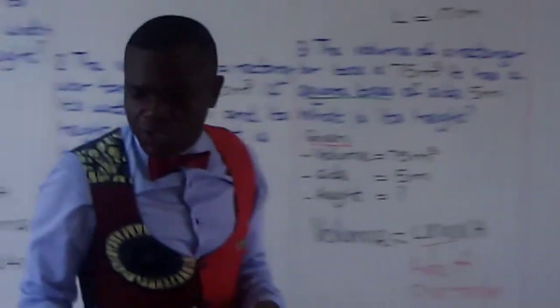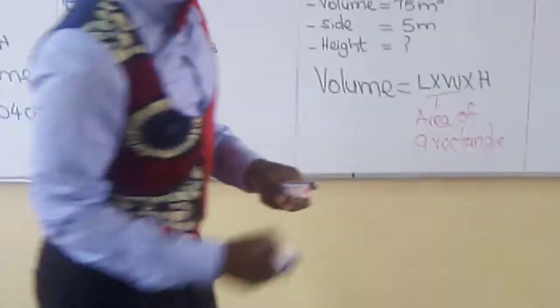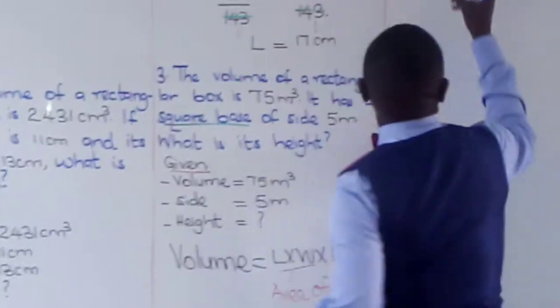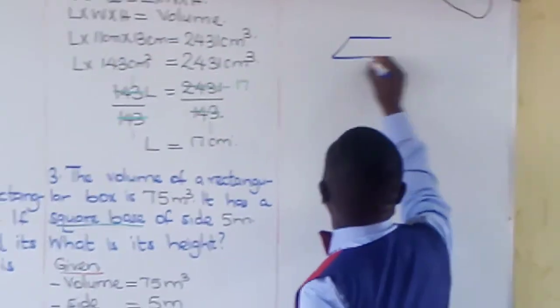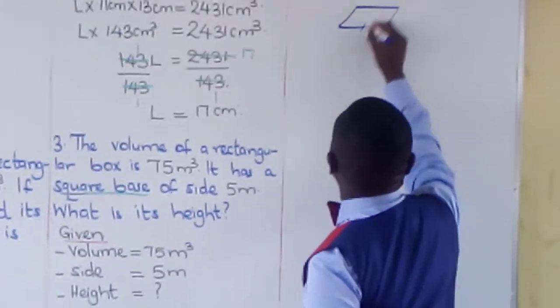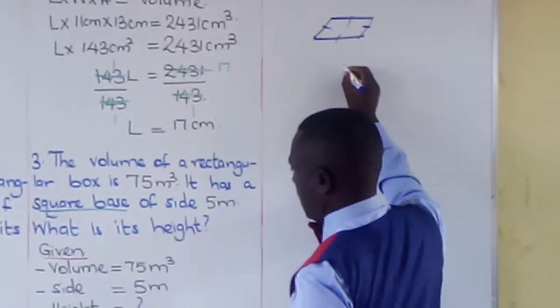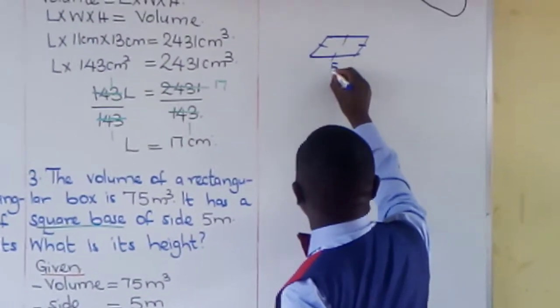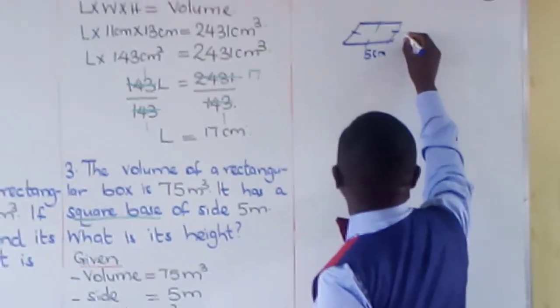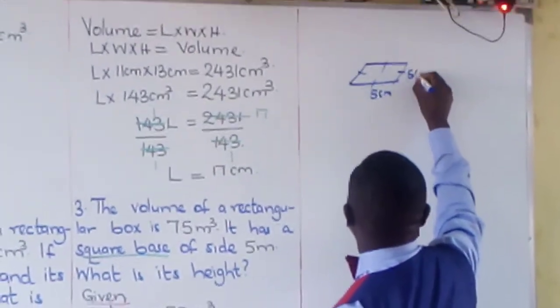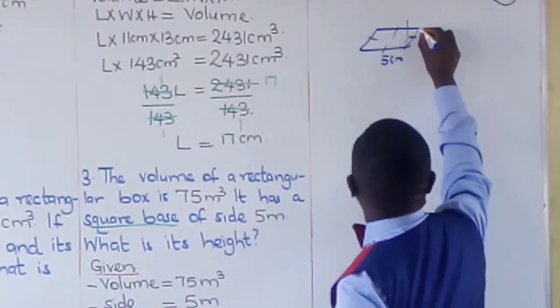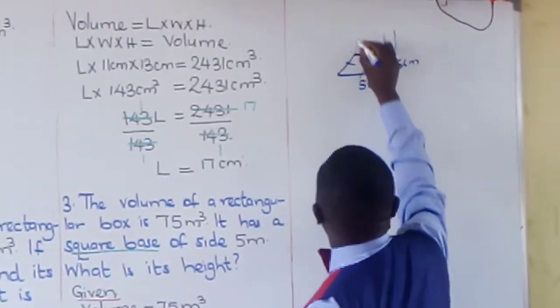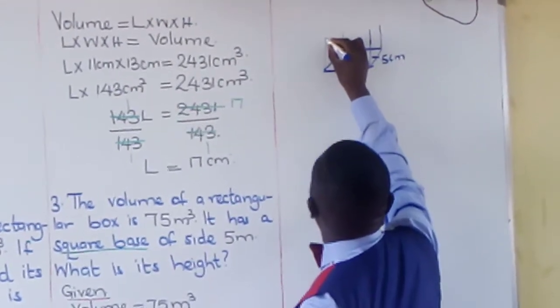I want to draw a sketch. That could be the diagram I'm talking about. And then you say the side is 5 meters. So that means this side is also 5 meters. Let's complete it now.